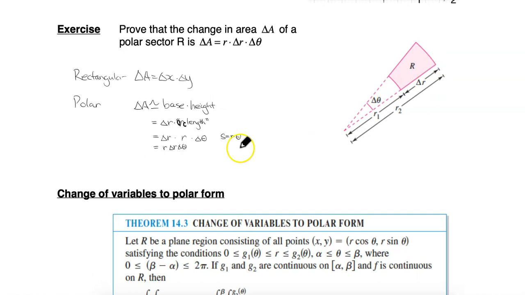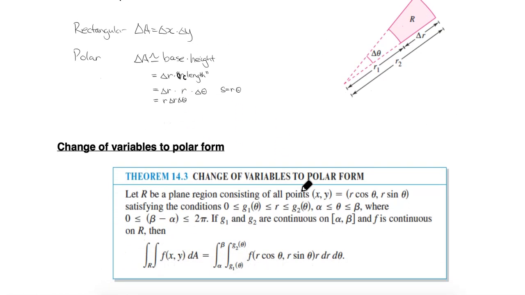And that shows us that if we want to substitute delta x delta y, or dx dy, the substitution will include a multiplication by r. So dx dy will be equal to r dr d theta.